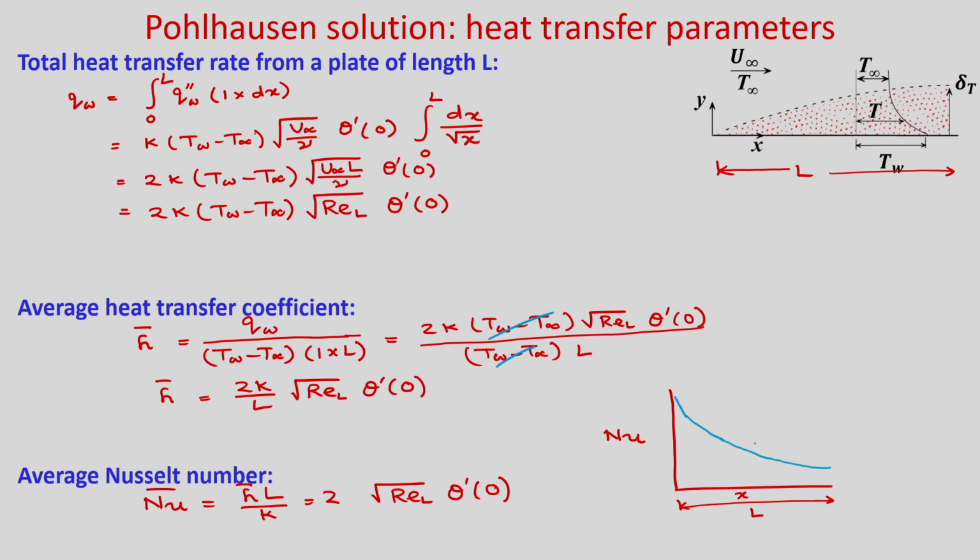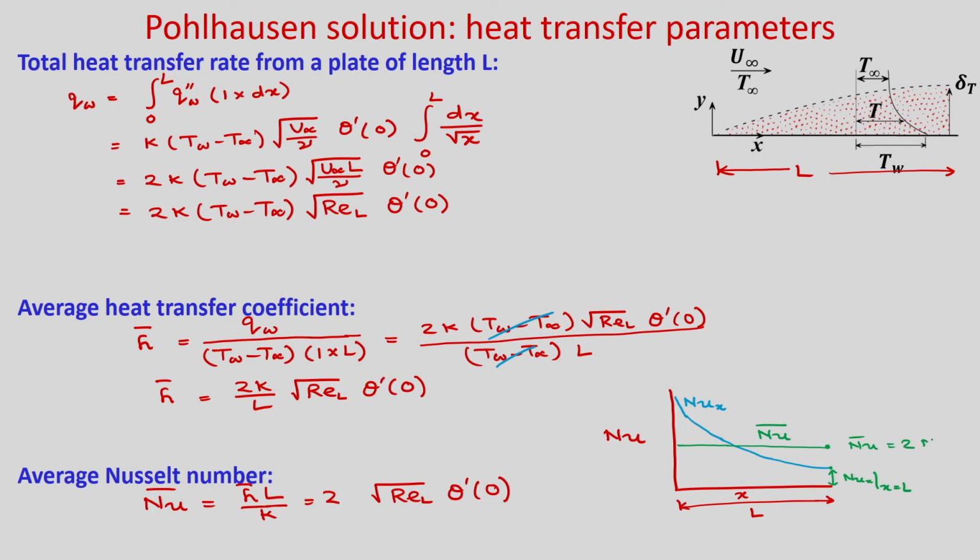If this is the local Nusselt number variation, then your average Nusselt number will be twice that at x equal to L. So, this will be the average Nusselt number, and you can see its value is double of this. So, what is this value? This is your Nusselt number Nu_x at x equal to L.